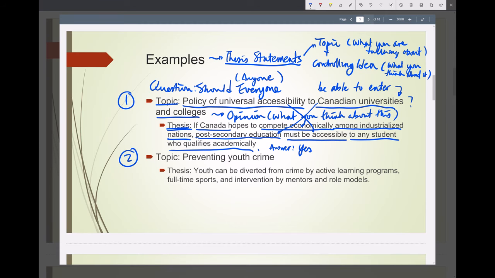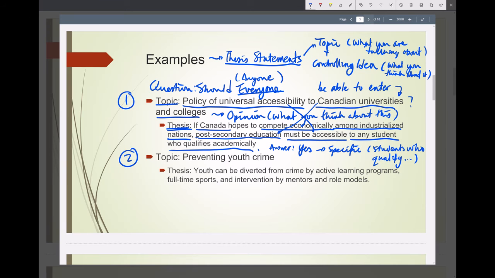We're going to talk about how to make your answer a specific answer. So instead of saying everybody should be able to get it, like this, you should say students who qualify. And qualify in what way?